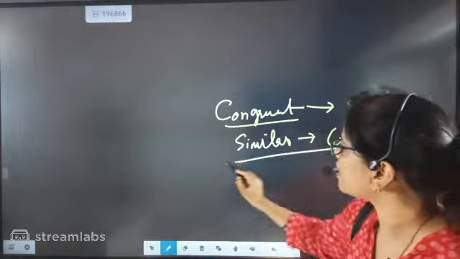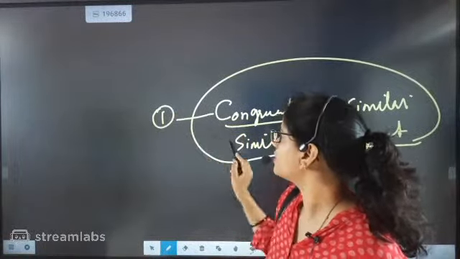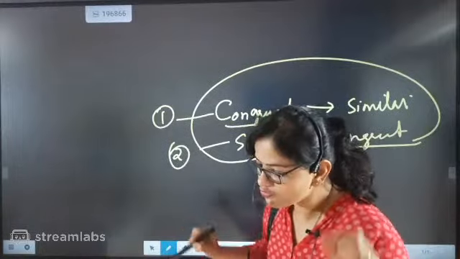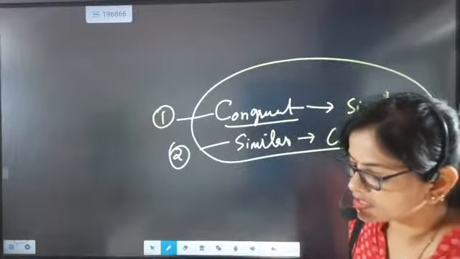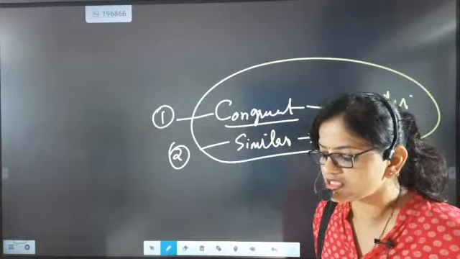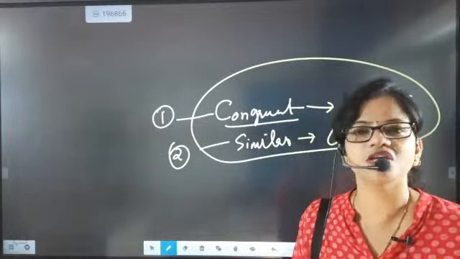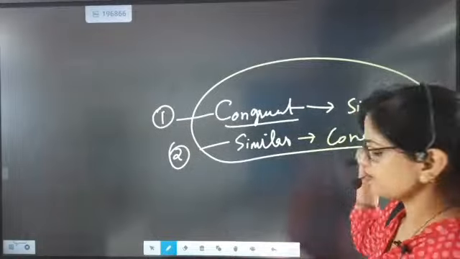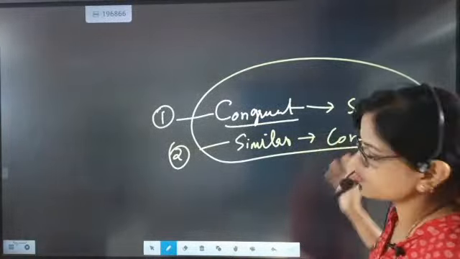Now tell me which part you feel is correct. Is the first one correct or the second one? Which one do you feel is absolutely correct? The first part says those figures which are congruent are similar, and the second one says similar figures are congruent.